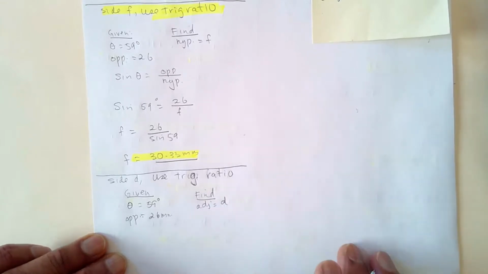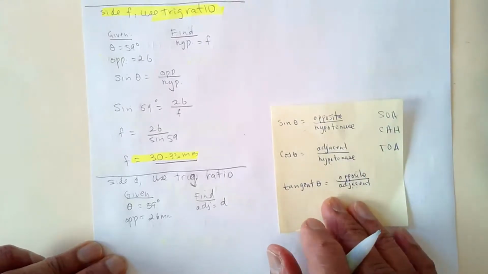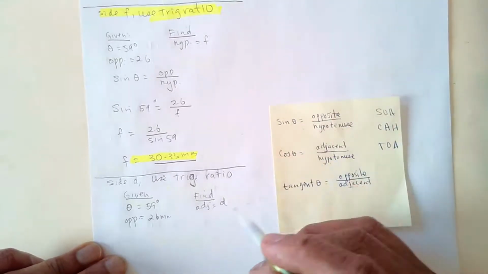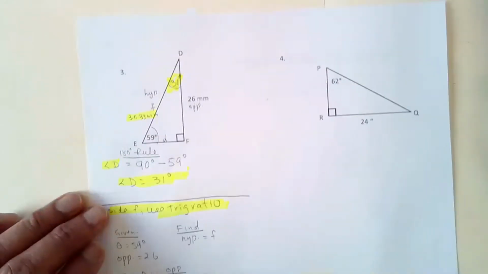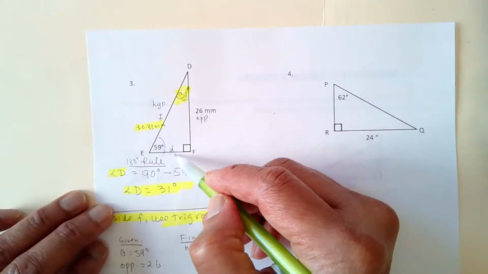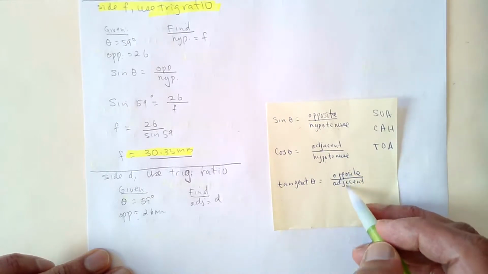which is side D. Then I go to my trusted trig ratios here, where I find adjacent and opposite. Because if you go back here, we need to find the adjacent, and we're given an opposite, noting the angle. So adjacent and opposite would be tangent.